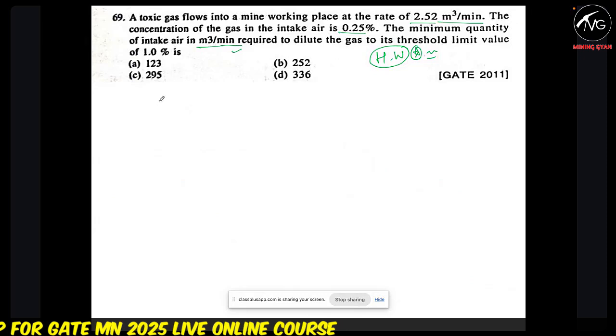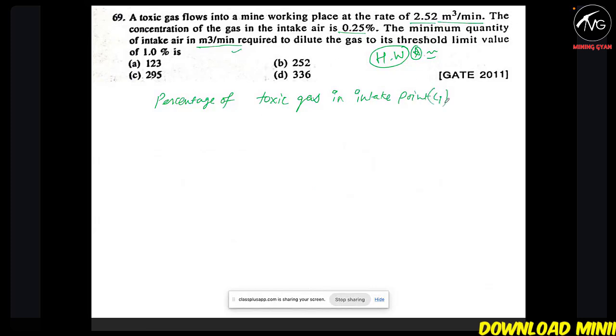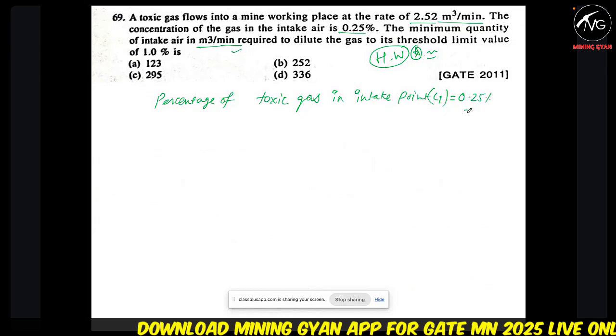So the percentage of toxic gas at the intake point, which you can consider CI, initial, is 0.25%.